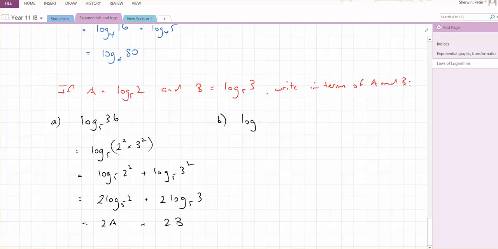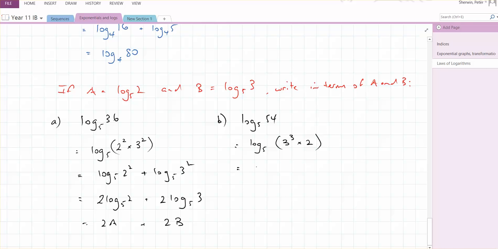Log base 5 of 54. So 54, let's think about that, it's 9 sixes. So can we go 3 squared is 9 times, that's 18, 27, it might be 27 twos. Might be a better way around that, so 27 times 2.